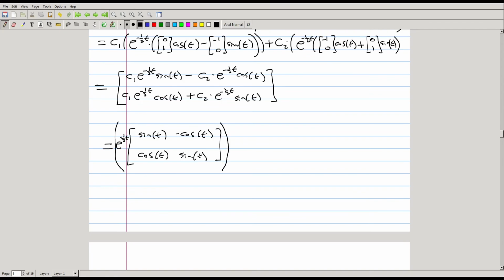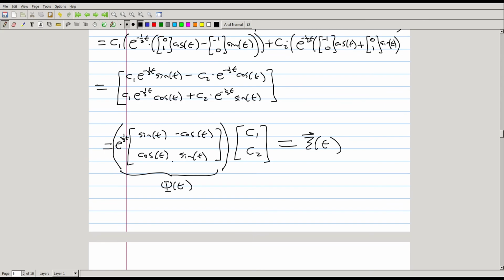This matrix is multiplied by the constant vector c1, c2. So remember what this is. This is the general solution to this problem, psi of t. And this matrix right here is the fundamental solution matrix, phi of t, for this problem.